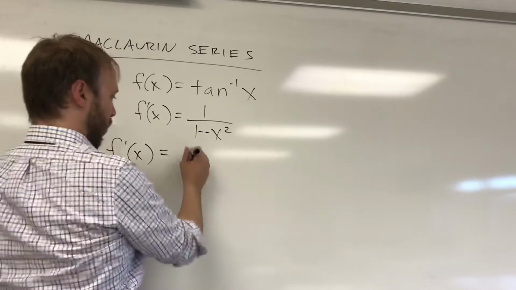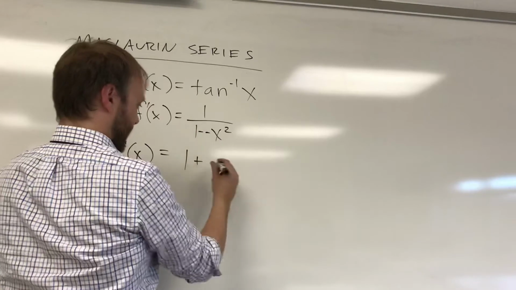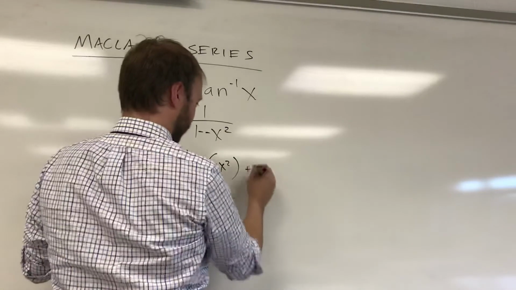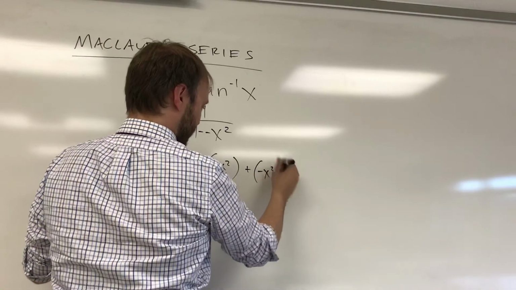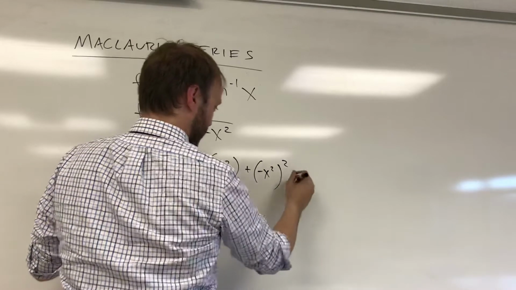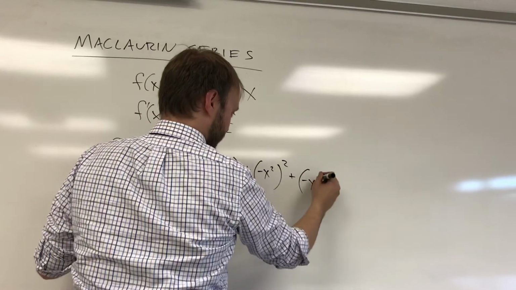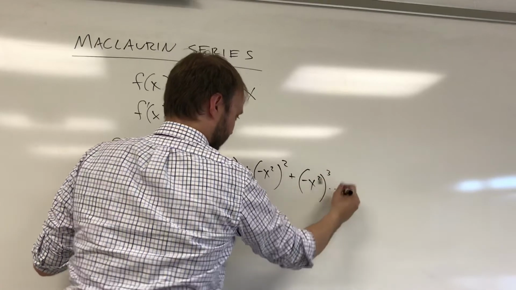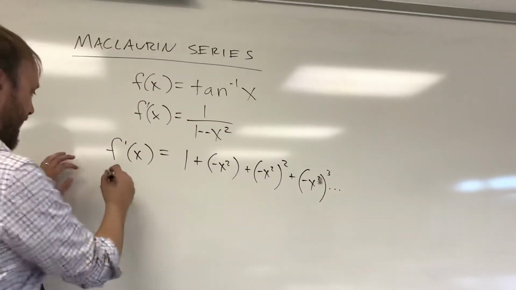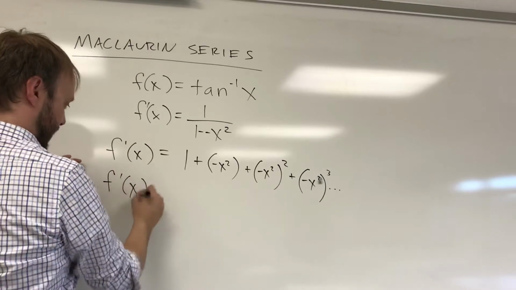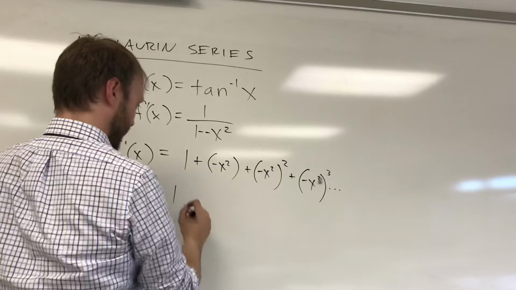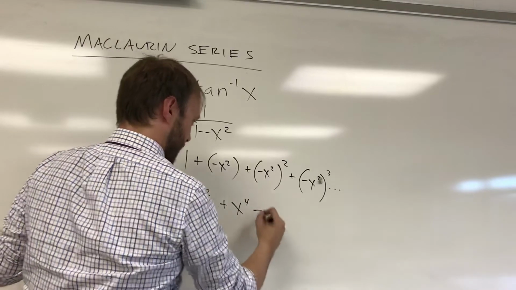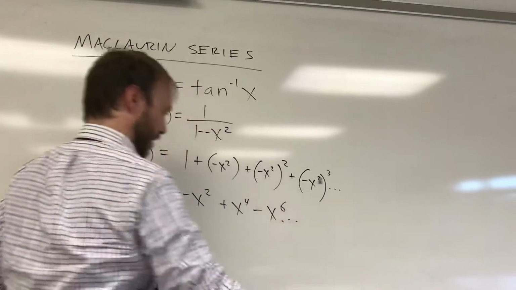So it's going to be 1 plus the input to the first power, plus the input to the second power, plus the input to the third power, and so on, okay? I'm going to simplify this here. I've got a reason. That's going to be 1 minus x squared plus x to the fourth minus x to the sixth, and so on, okay?